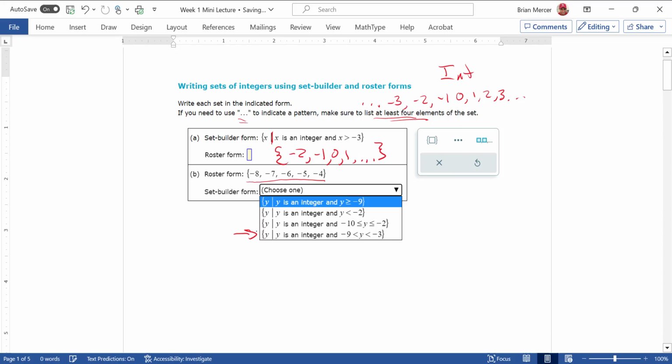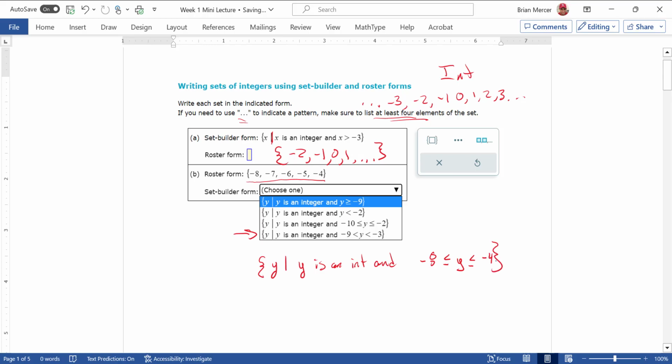But I also want to say this, because if you were just writing this and you weren't given multiple choice, there's another correct answer. You could say y such that y is an integer, and I could say -8 less than or equal to y less than or equal to -4.